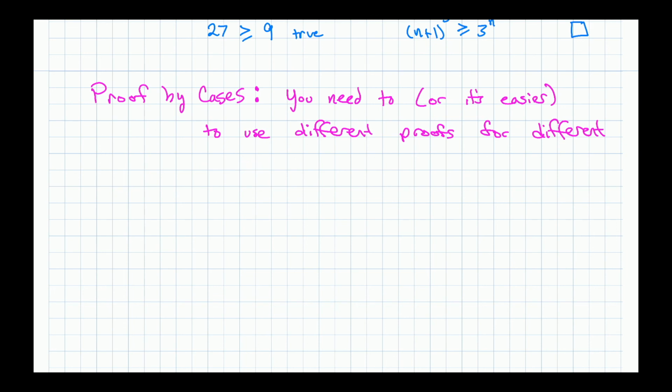I'm going to say different parts of the proof. That's not really the best way to say it at all.